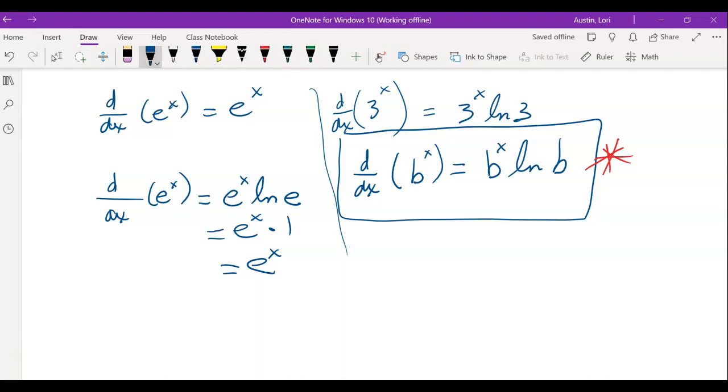The next one is d dx of the natural log, which is basically 1 over x.